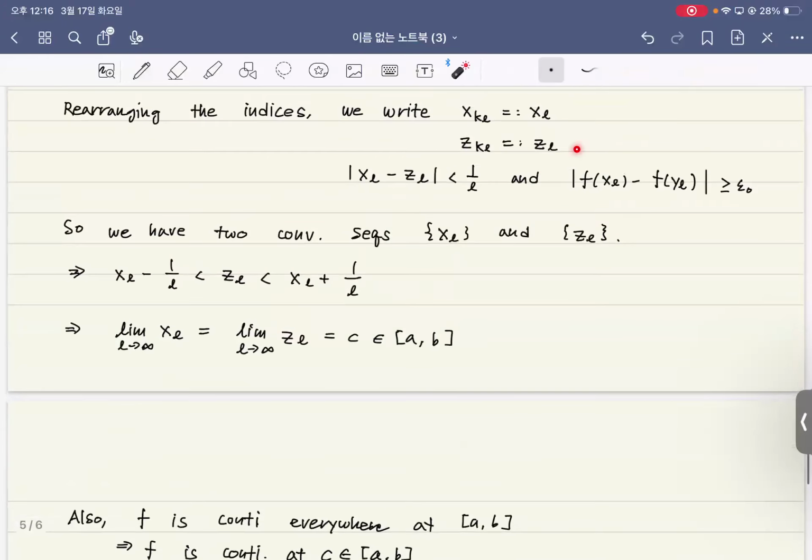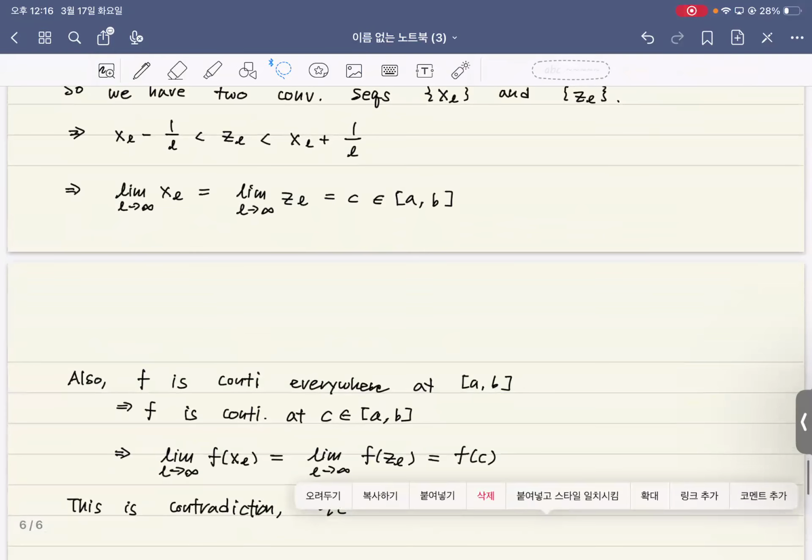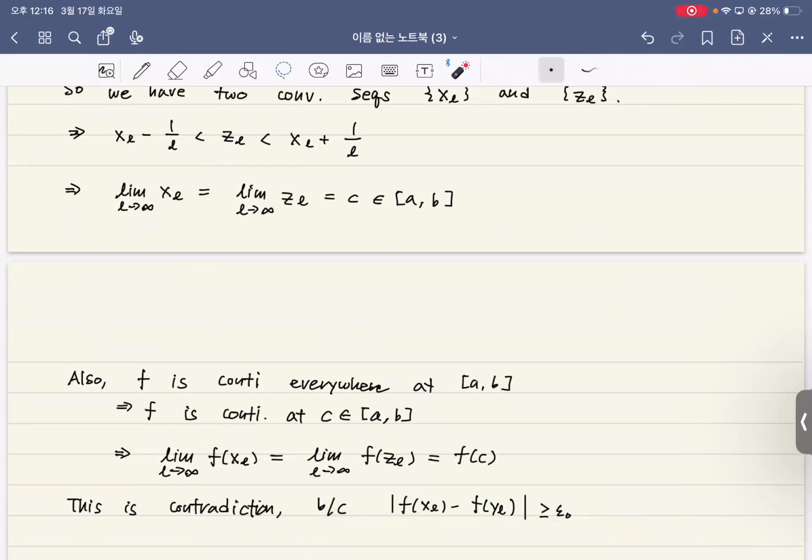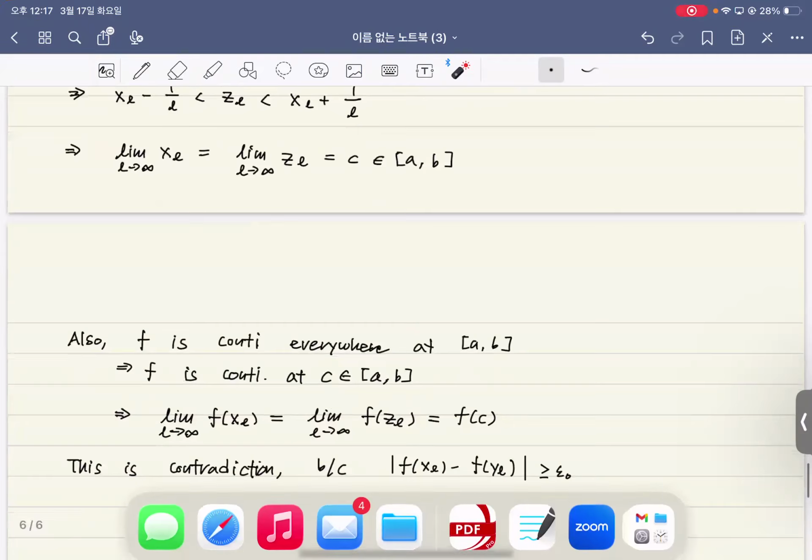Because we have this inequality from the construction of these two sequences, these new composed sequences cannot get close to each other, within less than epsilon 0, right? The difference between these two sequences must be at least epsilon 0, but it says they are tending to the same number. So I believe this is a contradiction. Okay. So this is the problem. All right, yeah. Sorry, this is for today, and see you next time.